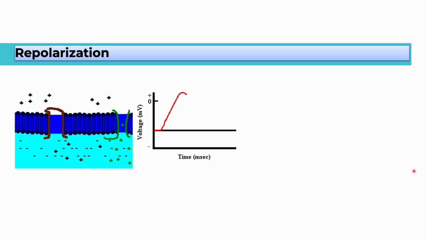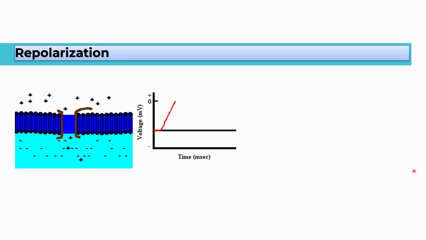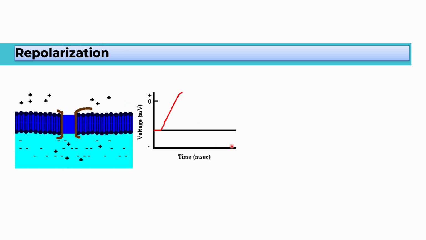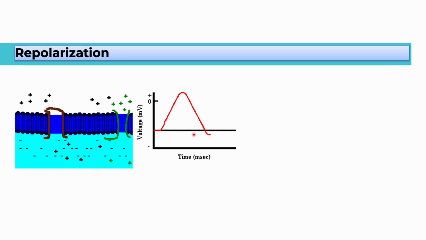However, repolarization does not simply stop at the resting potential. In fact, the membrane potential briefly becomes more negative than the resting potential before it stabilizes. Okay? And this point right over here is what we call hyperpolarization.